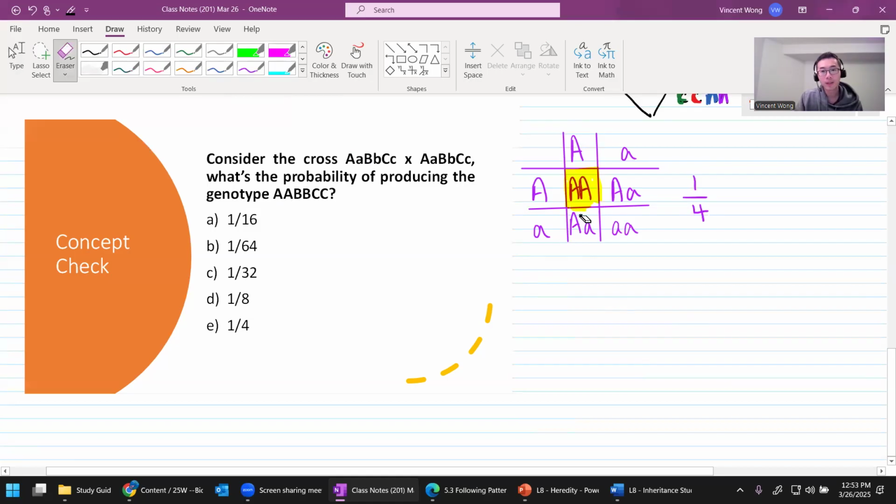Now you can repeat the process, just change all the A's to B's, and change all the A's to C's, and then you will be able to figure out these ones as well. So the probability for the first one is 1/4 times, second one is also 1/4, and then also times 1/4. So that's going to be 1/64. That's the answer.